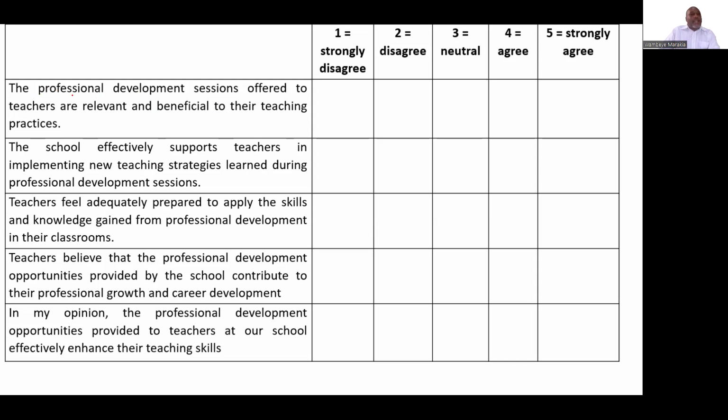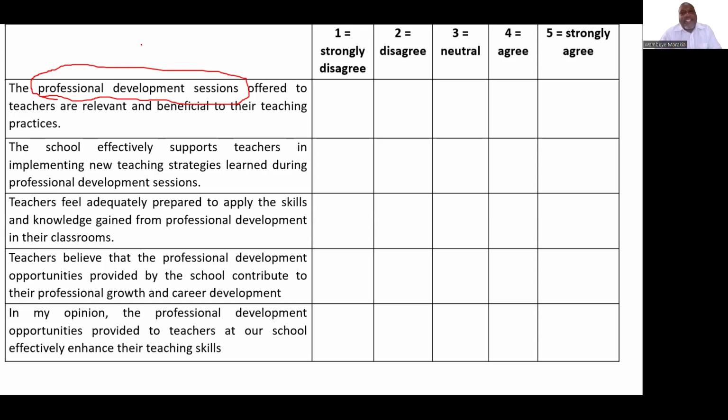The variable we are dealing with is professional development sessions, the sessions being offered, and are they beneficial? So the benefits of the professional development sessions. Here the respondents are going to agree.